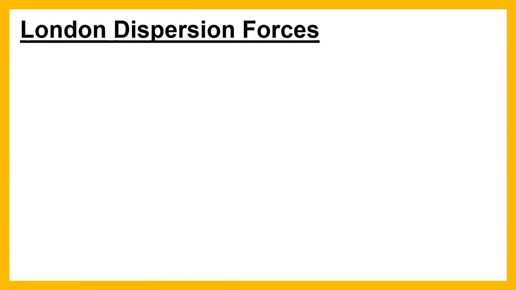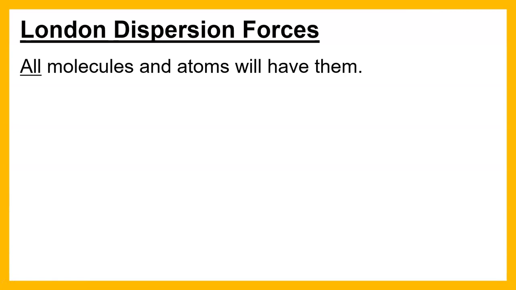It is important to understand that all molecules, all atoms have London forces because every single molecule, every single atom will have a moment in time where the electrons are unbalanced. It's instantaneous. You might hear that word too, that it's an instantaneous dipole, meaning it lasts just for a moment.